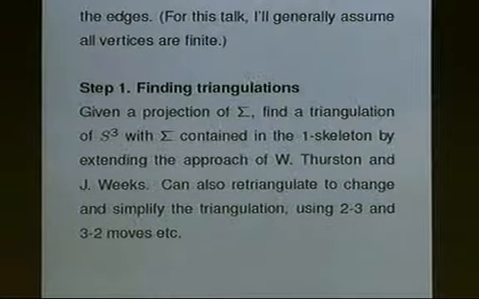So we've got the 3-sphere triangulated, the graph is made up of some of the edges in the triangulation. Now you can also try and simplify the triangulation by using these 2 to 3 and 3 to 2 moves that I showed you yesterday. And I guess the aim is to try and get the triangulation as simple as possible.